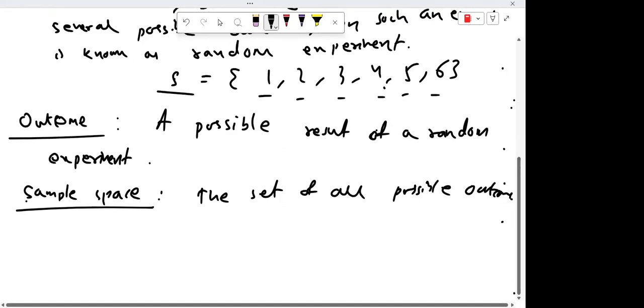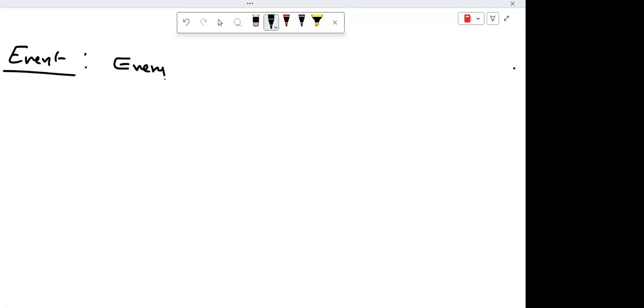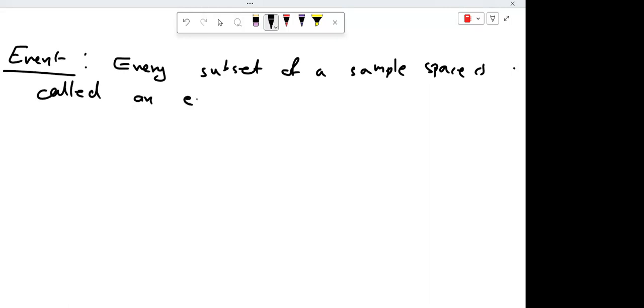Okay. So what's an event? Every subset of a sample space is called an event.